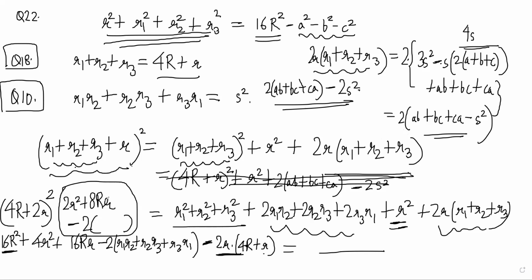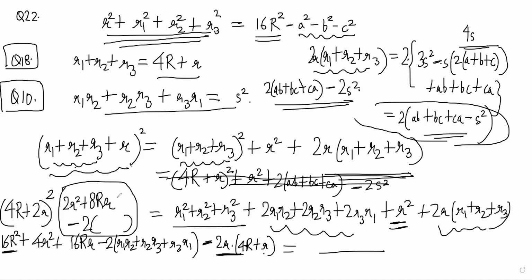So it's just a little bit of simplification. I don't want to do it, you try it out. You put that here, you will get ab plus bc plus ca terms, and you have s square, and you know s is equal to (a plus b plus c) by 2, right? So just try the simplifications, it will work out.